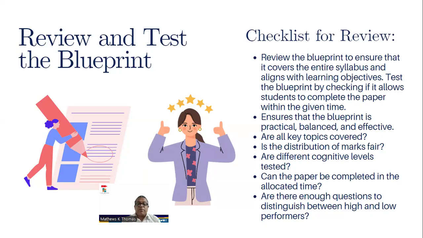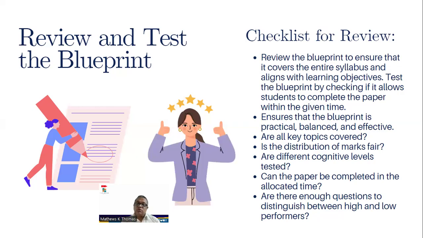Can the paper be completed in the stipulated time or before time, in fact? And are there questions which can distinguish the high and low performers? That is the 20% of the paper, competency-based questions or the higher order thinking skills questions, where only the top performers of the class should be able to attempt that, because the rest will try that, and obviously they may not be able to do it, because the paper should be such that everyone does not get 90%, right?